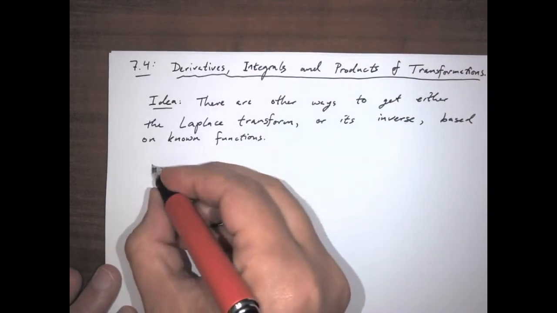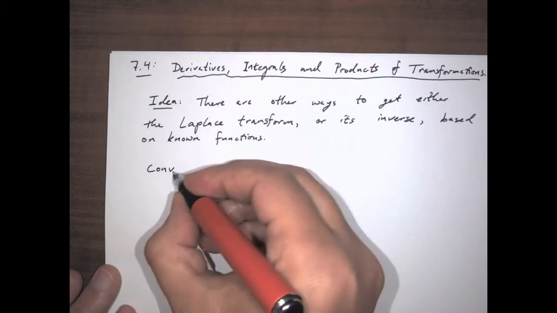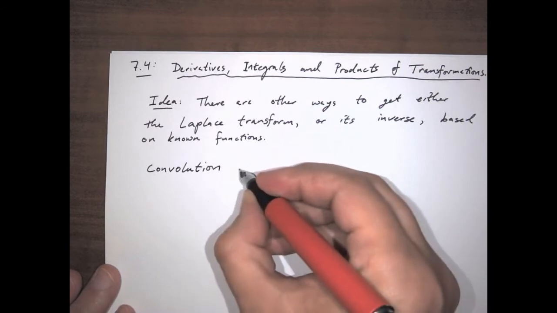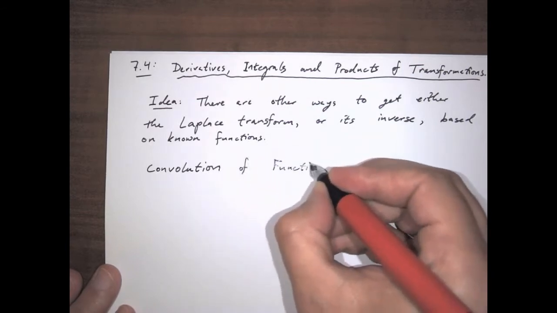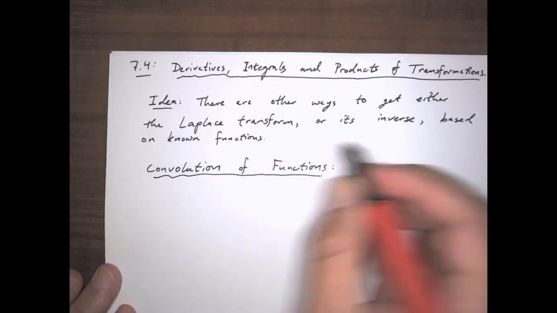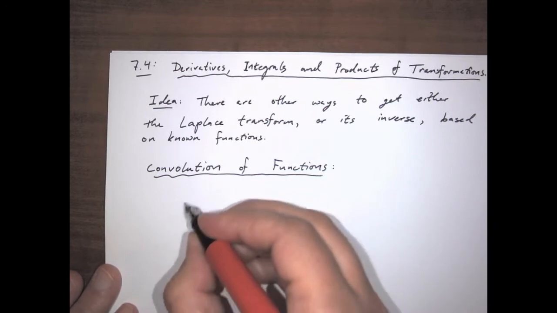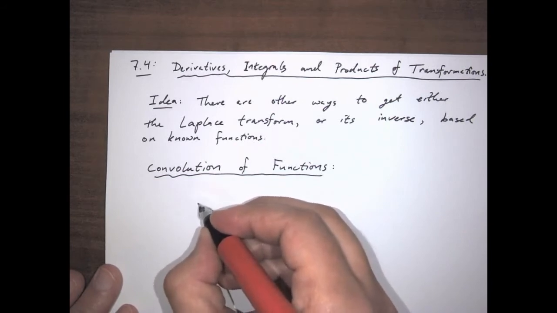So first off, let's now define what is called a convolution of functions. So the convolution of functions is a third function that's produced out of two, and we would write it like this.